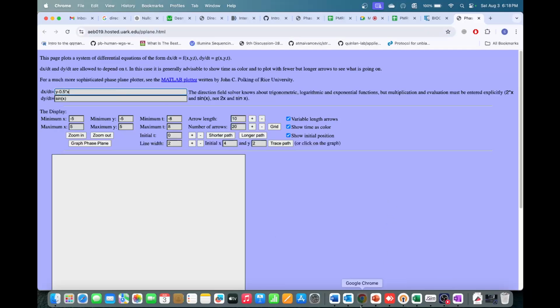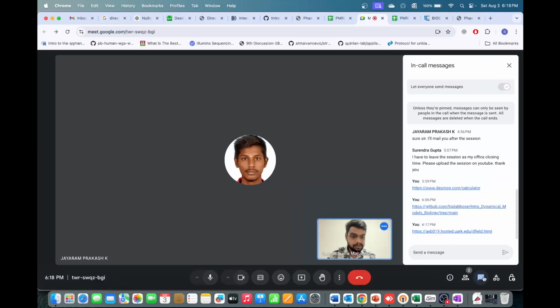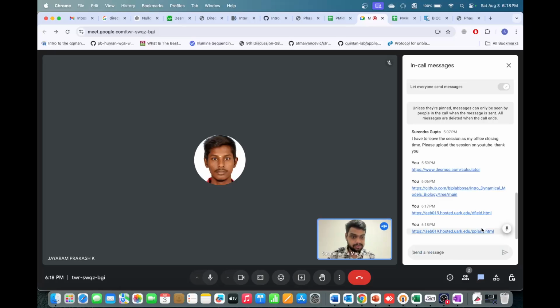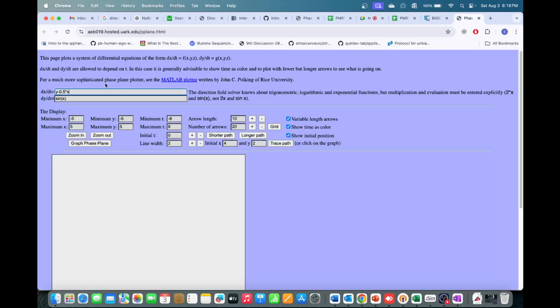So basically this is the plotter. You can use this. You open this, you go to dxdt and you say x plus xy, dy dt is y plus xy.